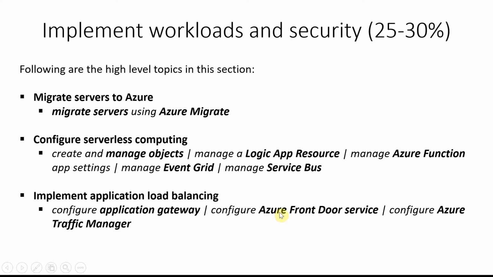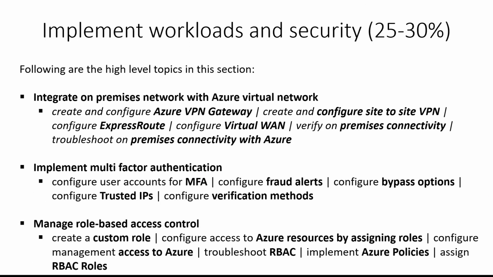That is Azure Front Door service. And then Traffic Manager is primarily for on-premise to cloud. If you want to transfer data, you will also use Traffic Manager. So just get familiarized with these topic names.